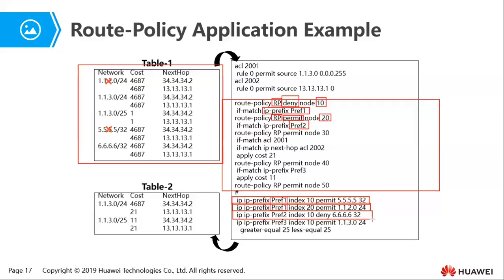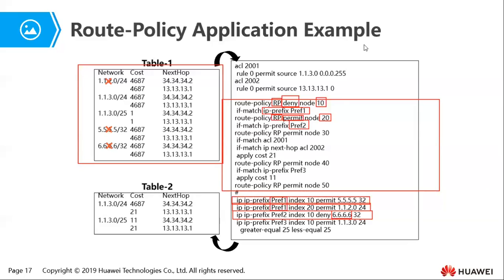So index 10, then we are denying 6.6.6.6/32. 32 means the whole bits must match exactly as it is. Because this is a deny, even though the policy is a permit, it simply means we are no longer going to learn about that network. So it's going to be denied.